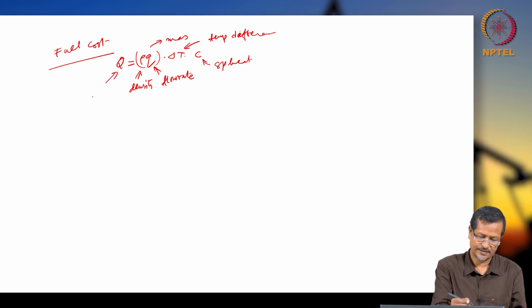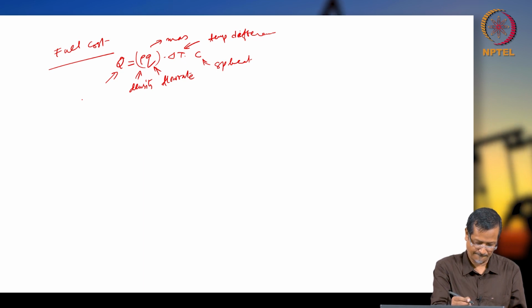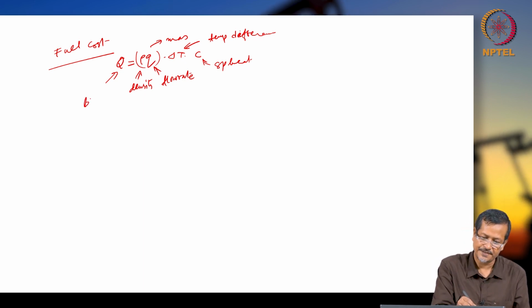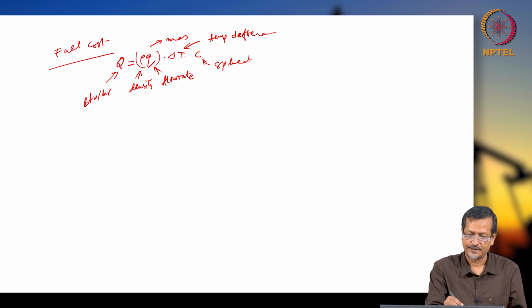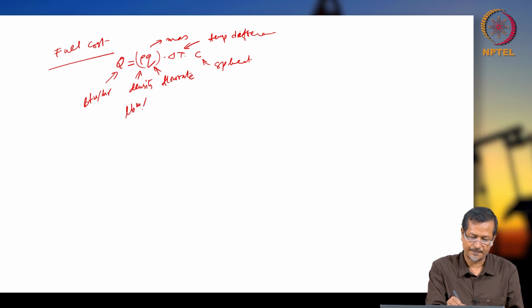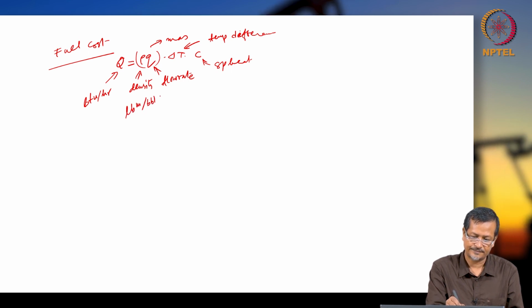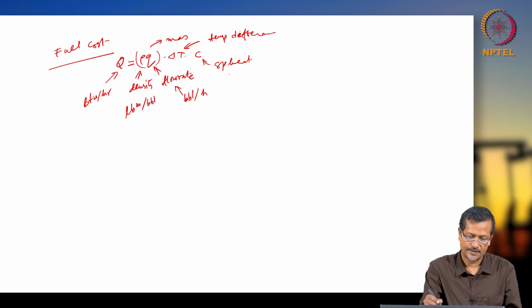Here they are using the unit of BTU per hour, I think. Density will be lbm per barrel, and flow rate will be barrel per hour.